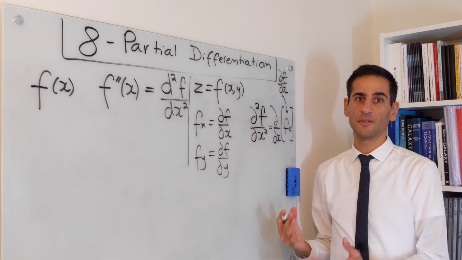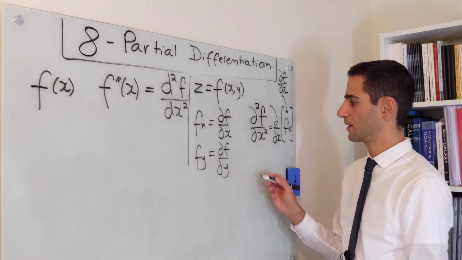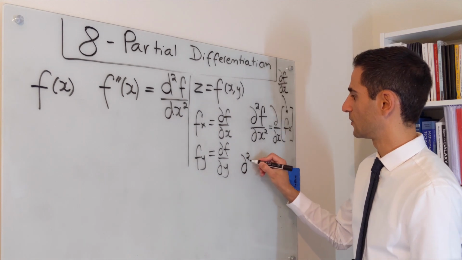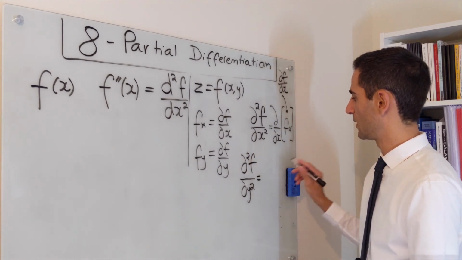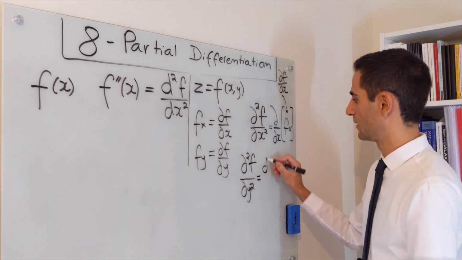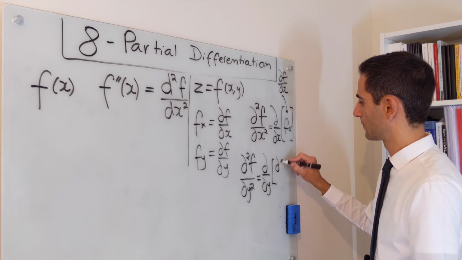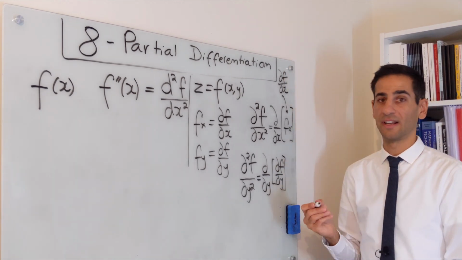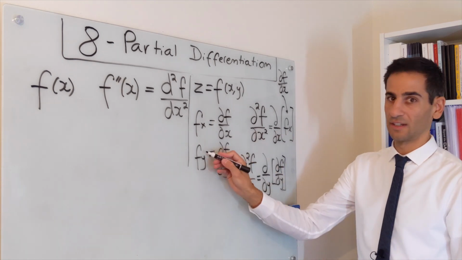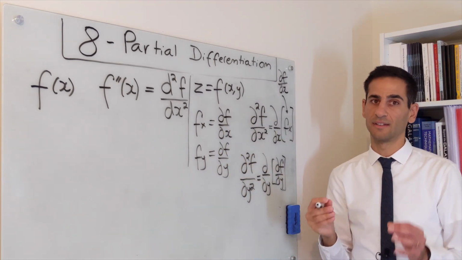Second order partial derivative just means doing it again. Same thing goes for y. If we want to get the second order partial derivative with respect to y, all we have to do is differentiate against y again. And I'll write it with this notation, and I've pointed out that using f_y or df/dy with the curly d's is exactly the same.